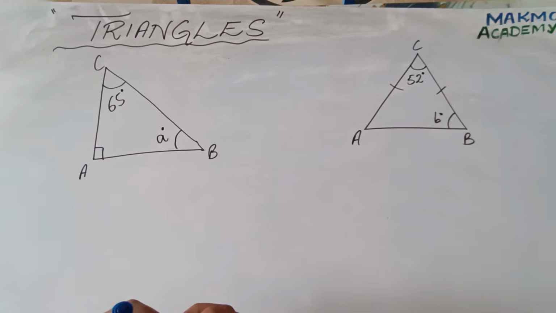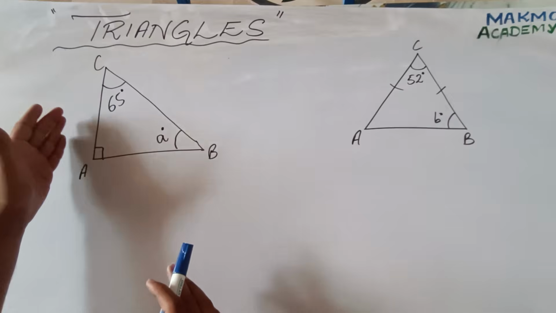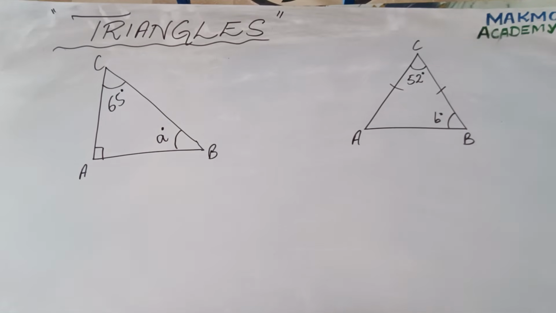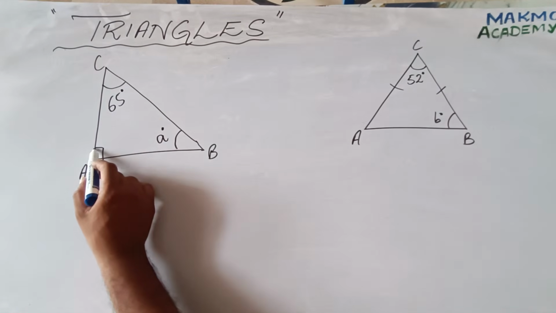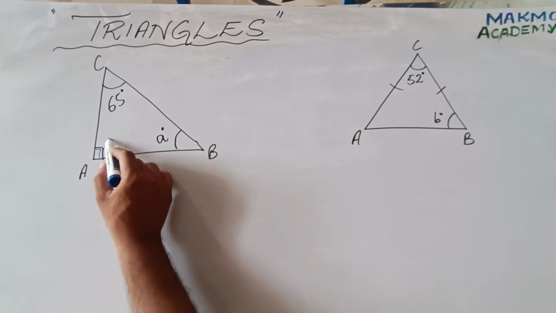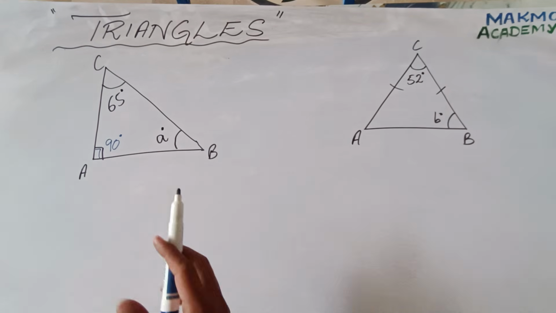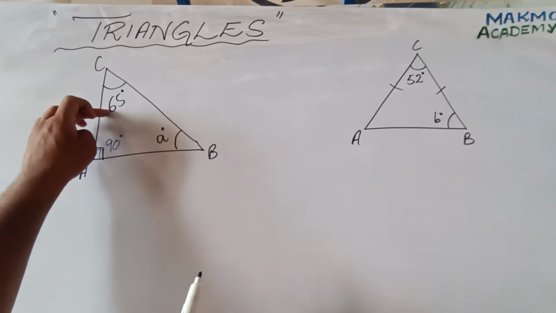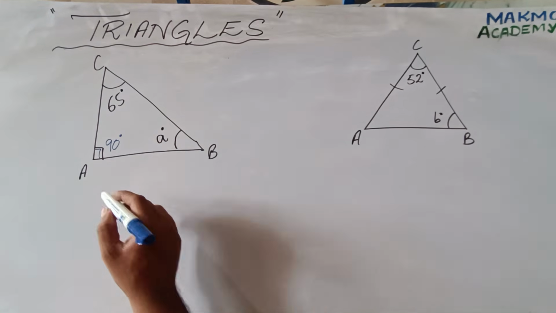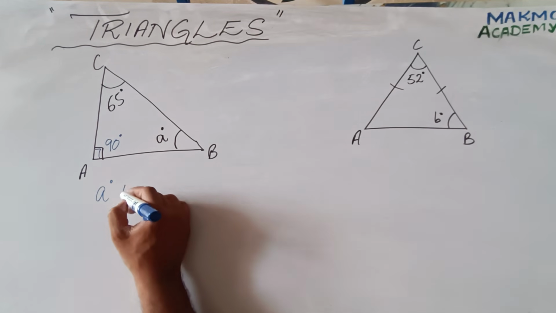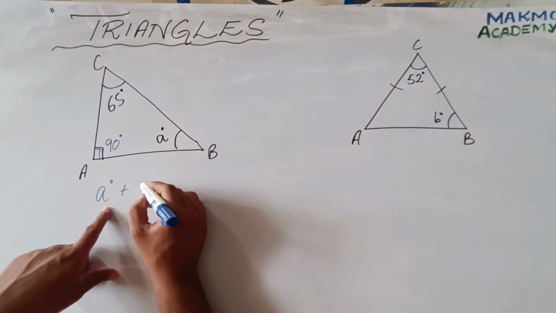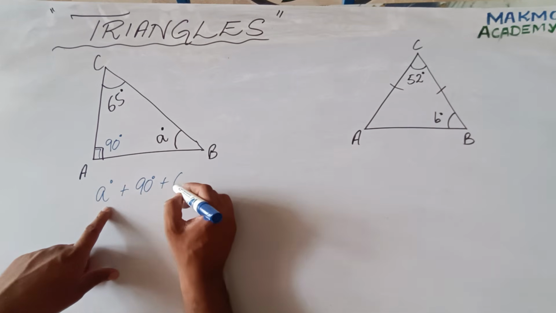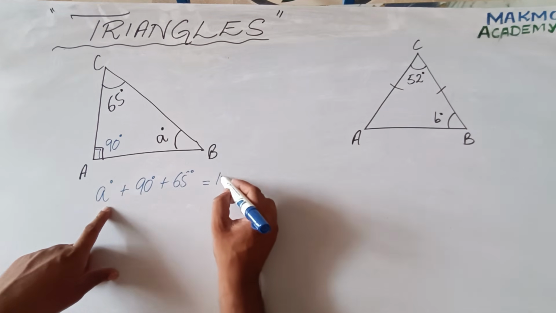We have these two problems in which we need to find the value of the unknown in a triangle. Let's discuss this problem first. We can see that there is a small square here, which represents that this angle is 90 degrees. Except for this, one angle is also given, and this angle is represented by A. So we write the equation A plus 90 degrees plus 65 degrees is equal to 180 degrees.